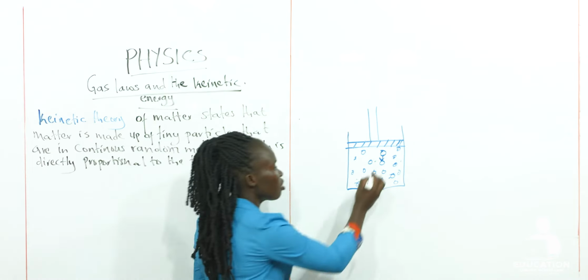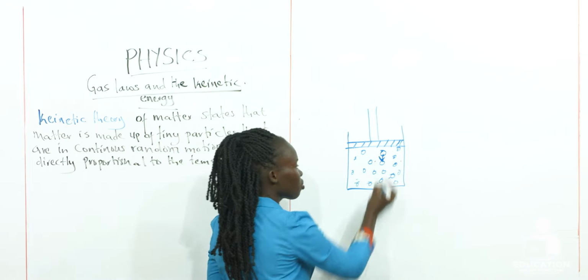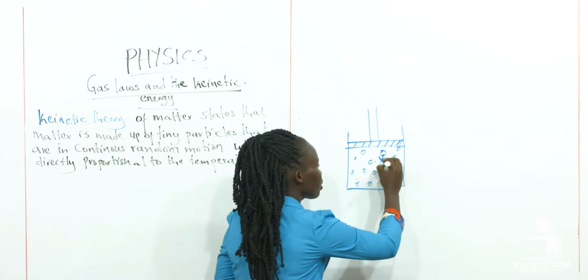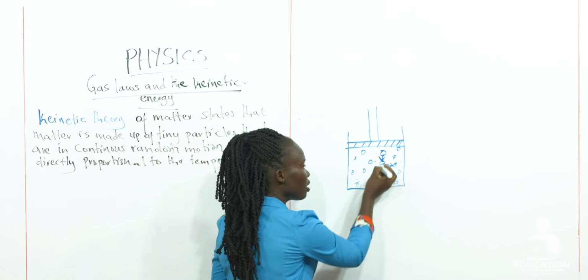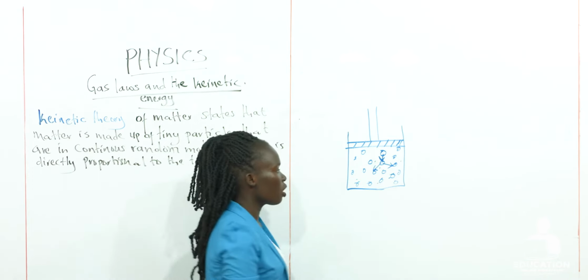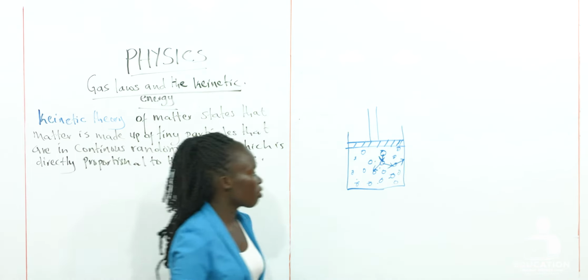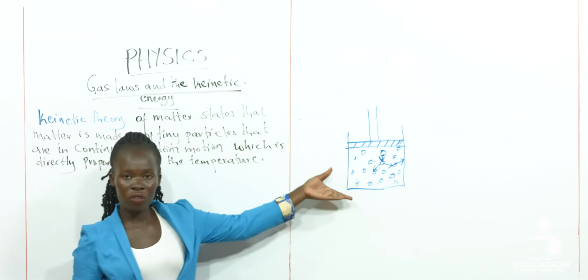This one will collide with another molecule, and then it will move. It keeps on. They are not only colliding among themselves, but they also collide with the walls of this container.